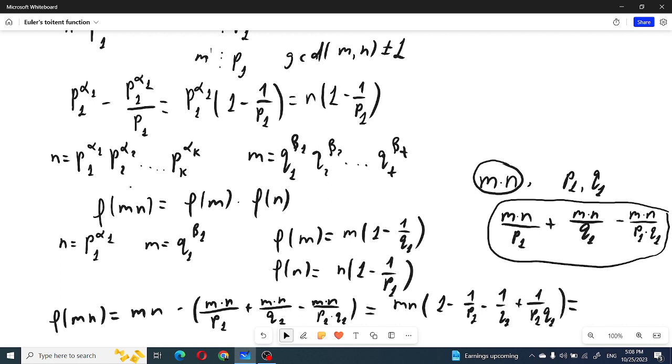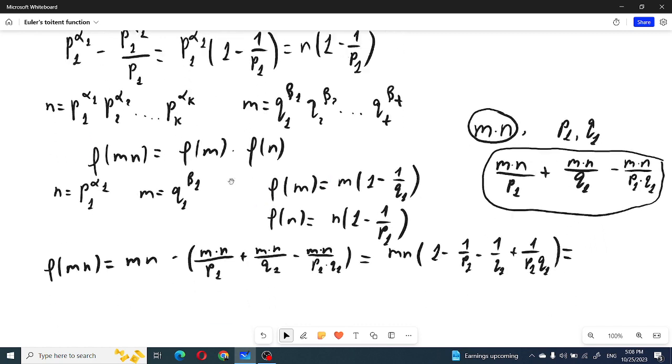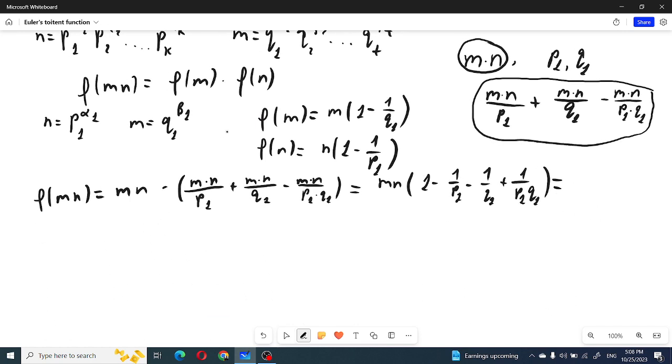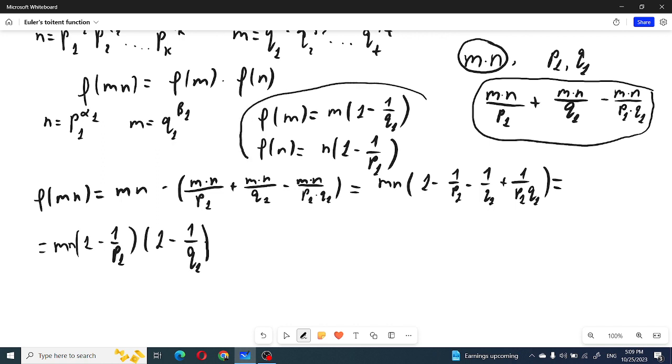If we look carefully at this last equation, we will see that it must be equal to mn times (1 minus 1 over p1) times (1 minus 1 over q1). And this is what we wanted to show, because f of m times f of n also equals this number.